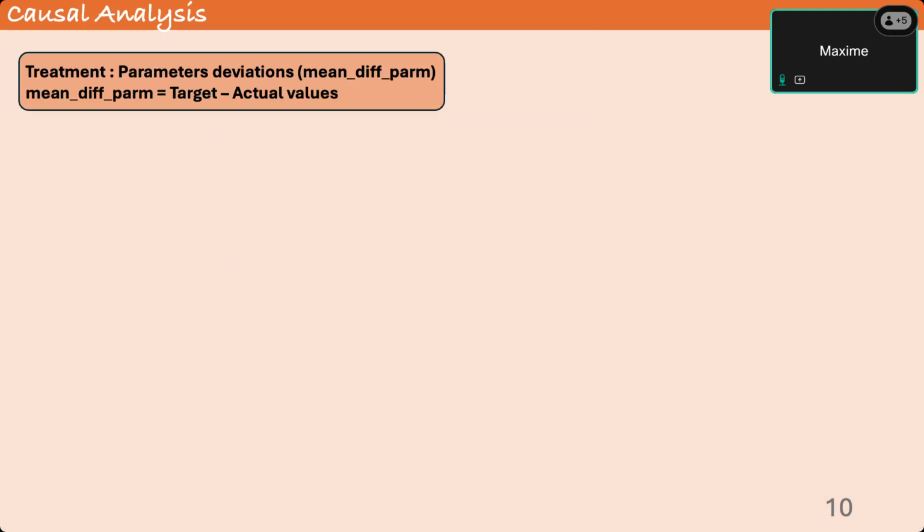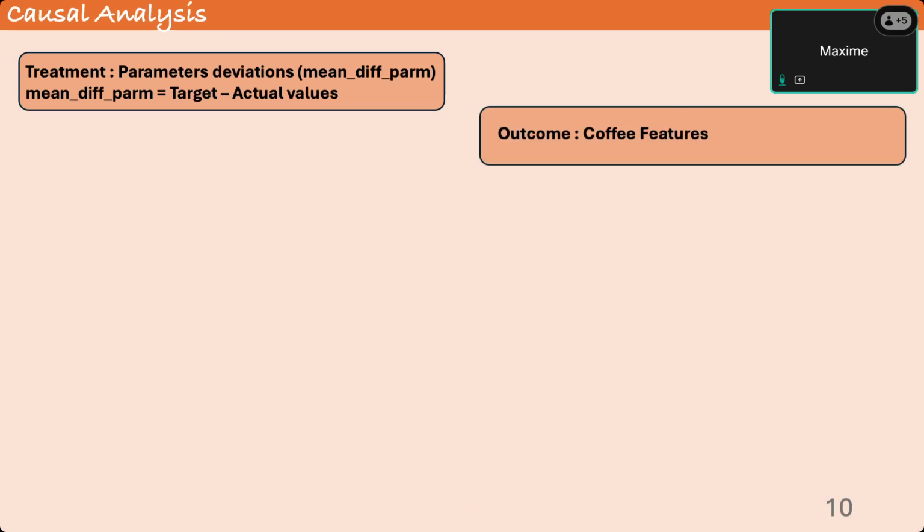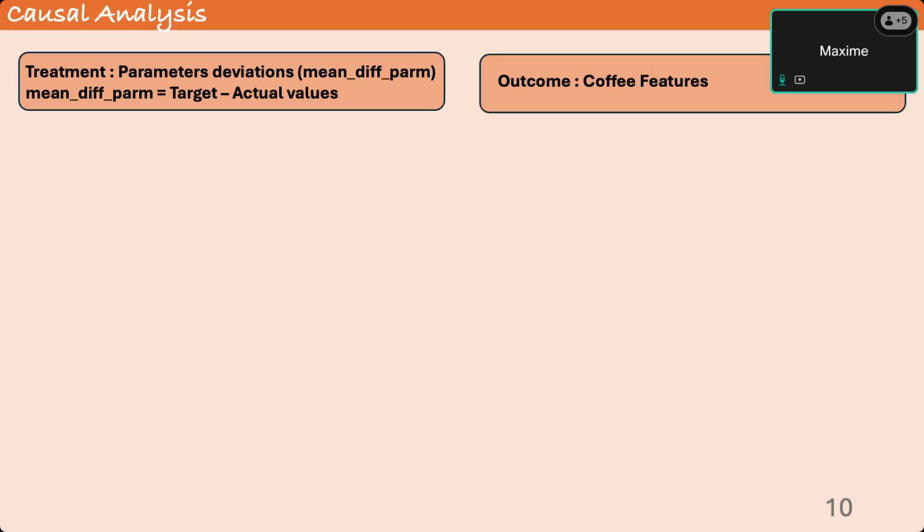When I showed the coffee machine, I explained that it records 2 values for each parameter, the target and the actual value. For our causal analysis, we want to see how this deviation between the target and the actual values influences the final outcome of the coffee. And the second entity is obviously the coffee features.